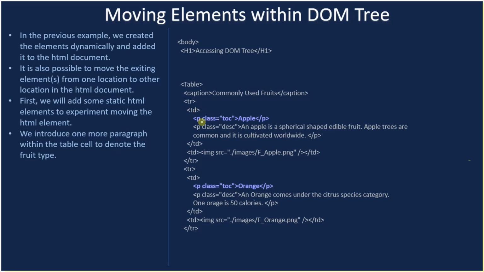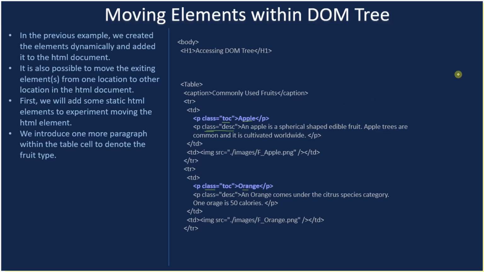In the TD, we already have a paragraph, and we use the class attribute description to identify that paragraph. And now we are introducing one more paragraph, class TOC apple. Likewise, there will be 4 elements we will be adding. Right? Because in the previous example, you saw that there are 4 paragraphs. Before starting each paragraph, we want to have one more paragraph.